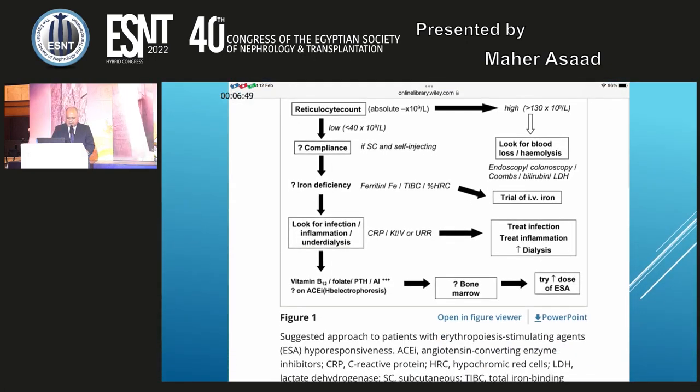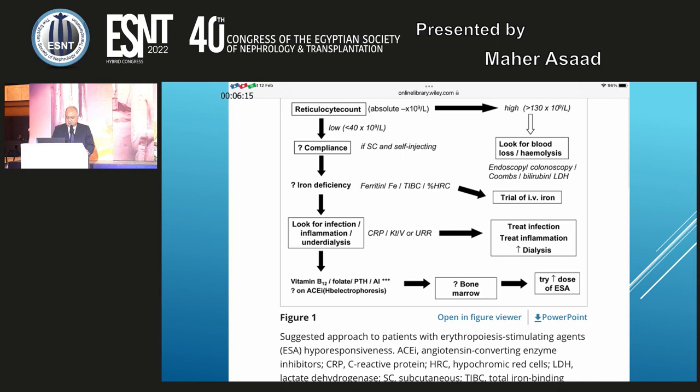This is a simplified algorithm for how to manage the resistance or hyporesponsiveness to ESA therapy, starting with measuring the reticulocyte count. If high, we should be looking for blood loss or hemolysis. We should be investigating such a condition by doing endoscopies, upper GI and colonoscopy, and excluding factors that can be associated with hemolysis, such as Coombs test, LDH, and bilirubin.